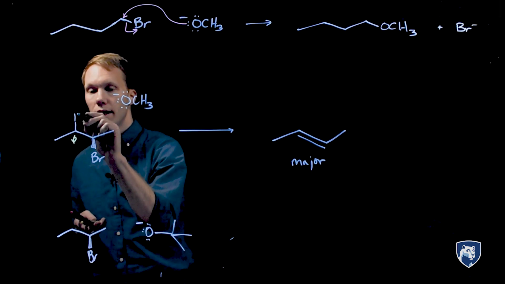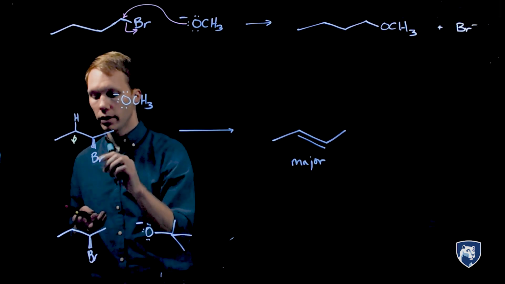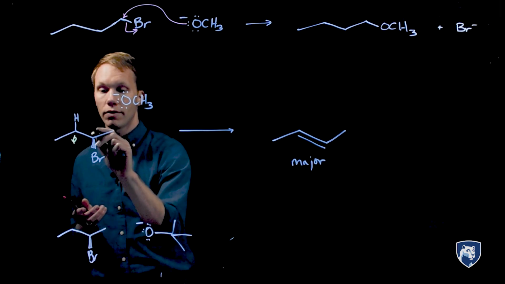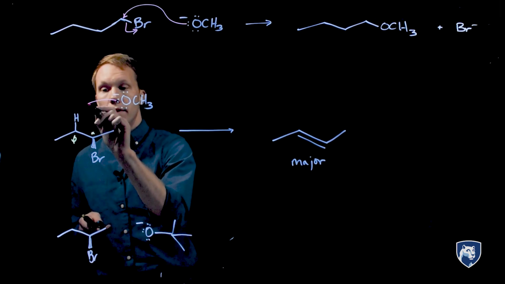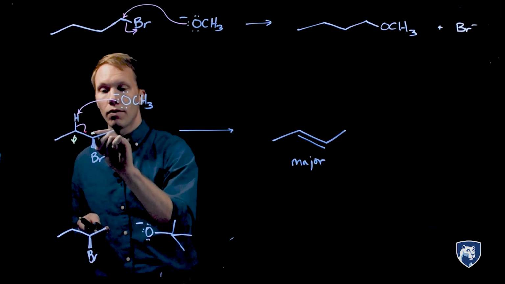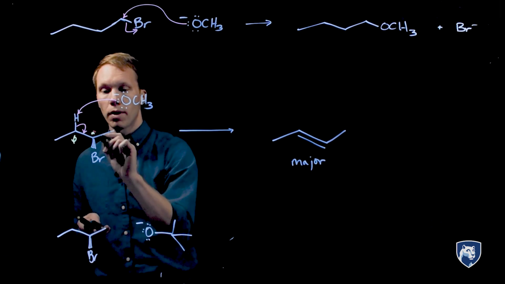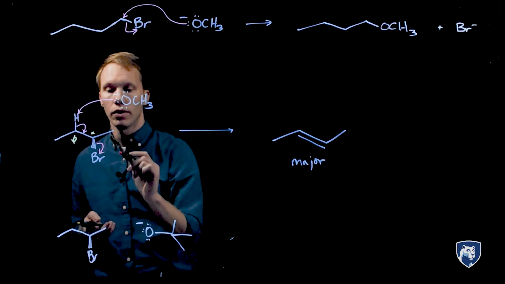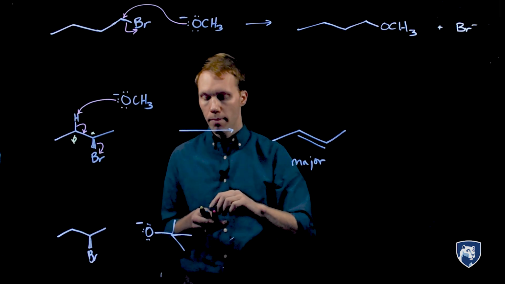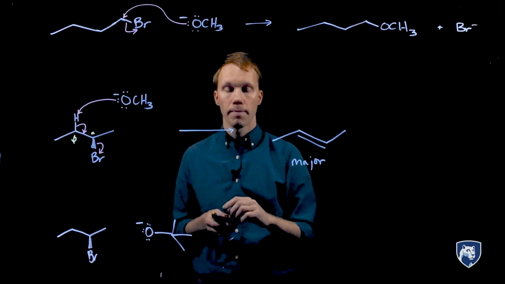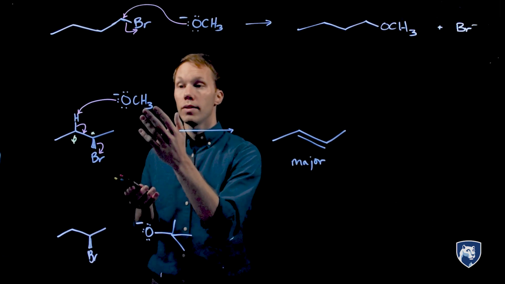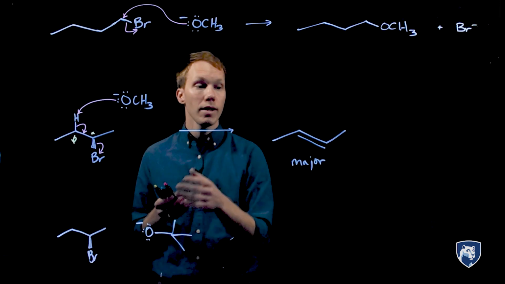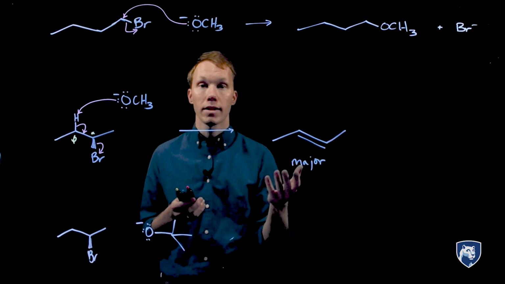The beta hydrogen is at the carbon next door to our leaving group, which is designated as the alpha carbon. The base can deprotonate, form this pi bond with those CH bonding electrons, and lose our leaving group by cleaving the carbon-bromine bond.